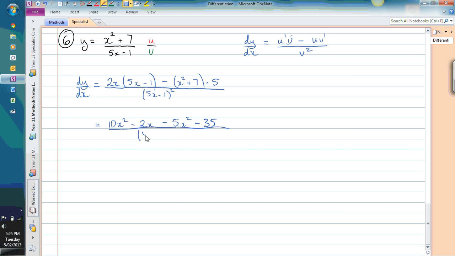And that's all over 5x minus 1 squared. Looking on the top, 10x squared minus 5x squared is 5x squared minus 2x minus 35 all over 5x minus 1 all squared. And so that's how we differentiate this function using the quotient rule.